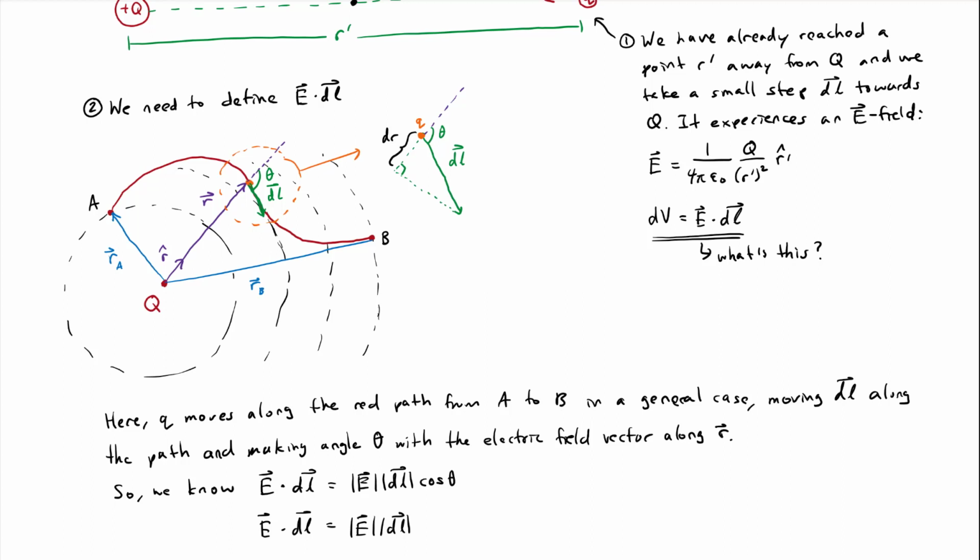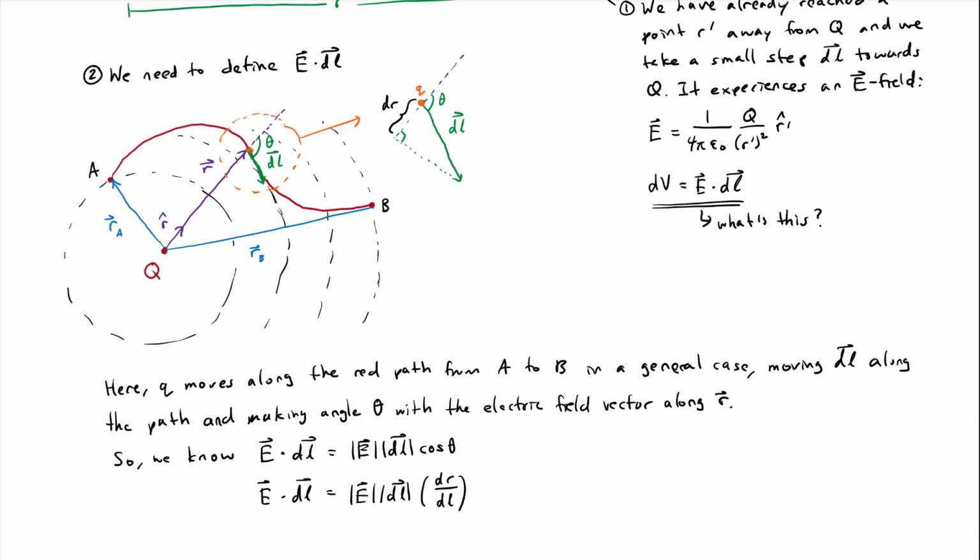So in terms of this, we are going to get some sort of value of an angle over here, and we can get cosine of that angle, which is adjacent over hypotenuse. So that would be dr over dl. And then we have E dl.